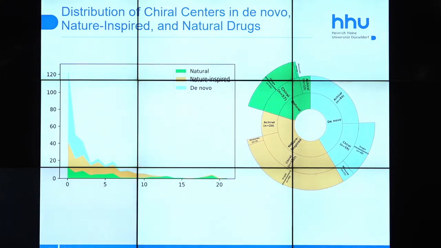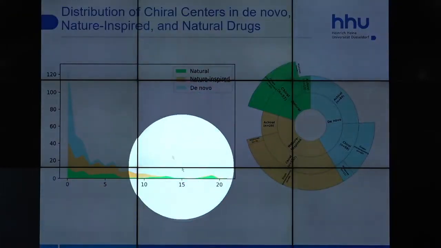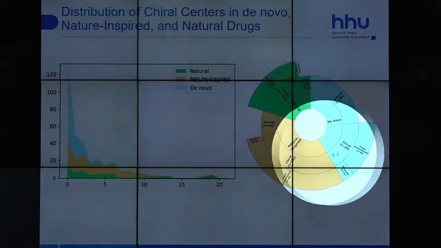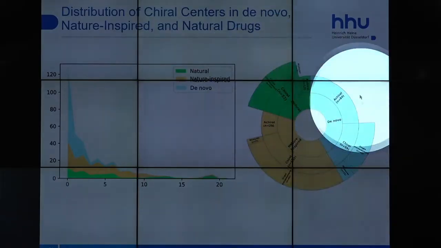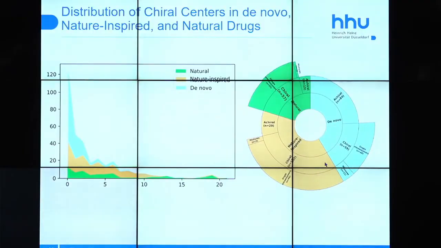So chirality is always or very often also connected to some other compounds. Other compounds, I mean natural compounds. Natural compounds, you see, and very often give some nice idea, and thereby the nature-inspired compounds, they are much more important than some de novo compounds coming out of a chemical library, because you take some plants, and then there are some nice idea in which way these plants are interacting.